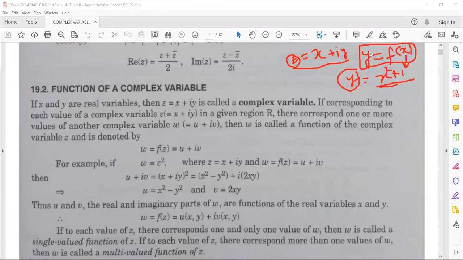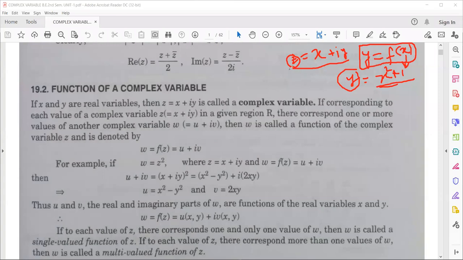The same concept you can use in terms of complex numbers also. For every value of x, you are going to get one value of y.